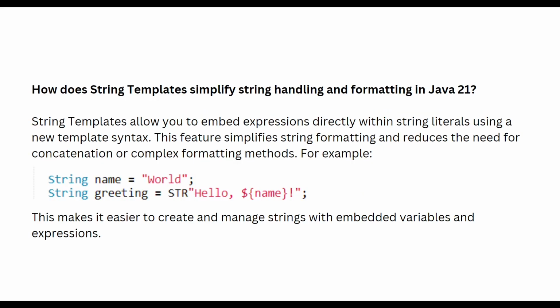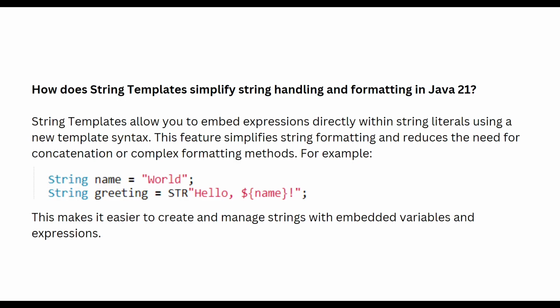How do string templates simplify string handling and formatting in Java 21? String templates allow you to embed expressions directly within string literals using a new template syntax. This feature simplifies string formatting and reduces the need for concatenation or complex formatting methods. In this example, in the first one we have String name equals to world, but in the second one we are concatenating the variable name with hello, right?